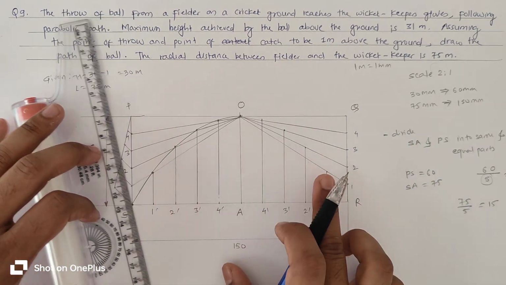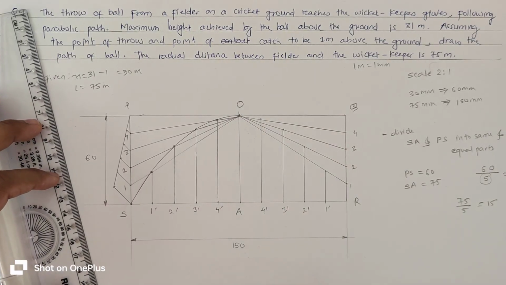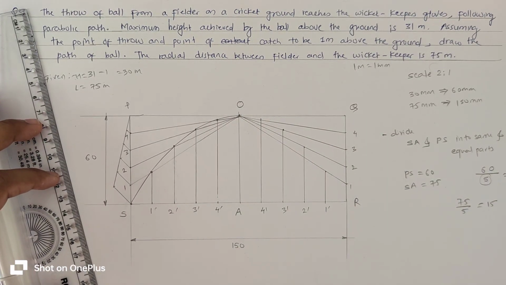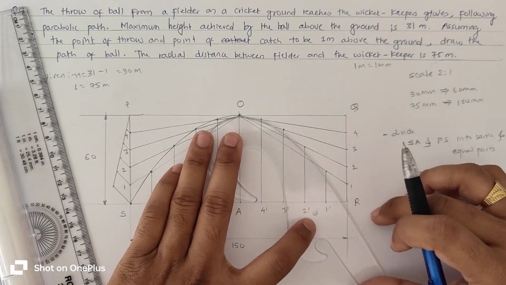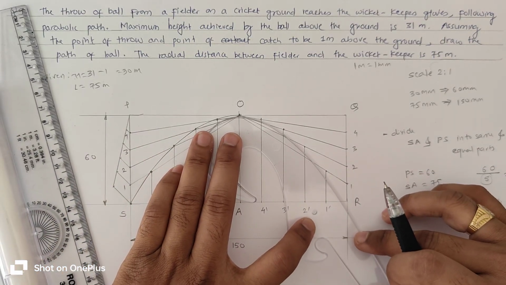The parabola is symmetrical along the central axis. Now to draw this parabola we will use the front side of the scale and adjust that scale.